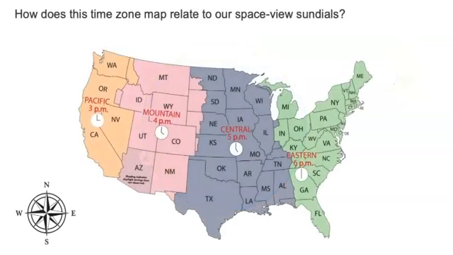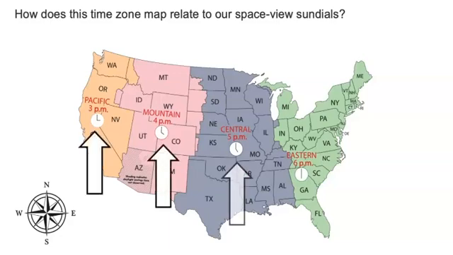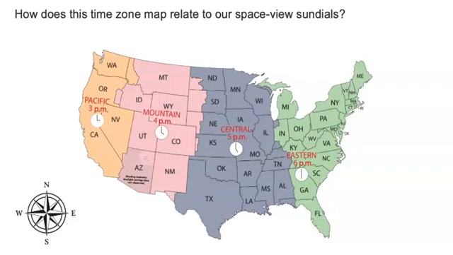How does this time zone map relate to our SpaceView sundials? Well, our sundial models show us why it's a different time of day in different places. And this map has clocks showing different times in different parts of the country. Remember that east is in this direction. In our model, we saw that locations that are further east experience sunrise earlier.